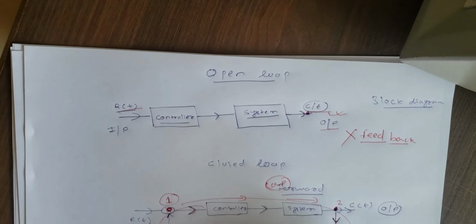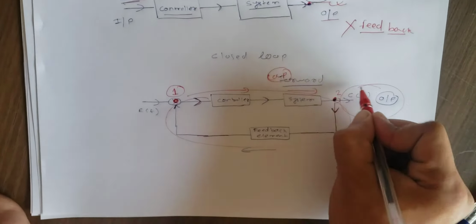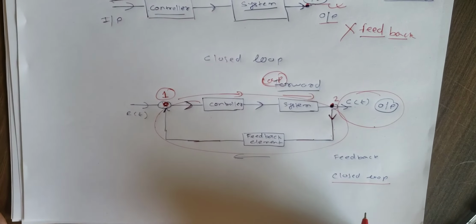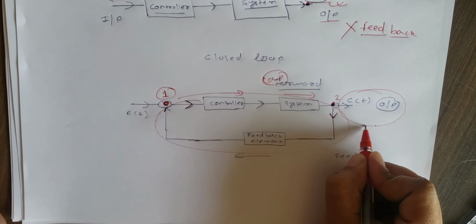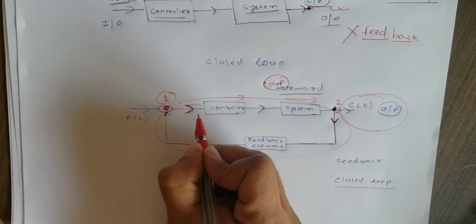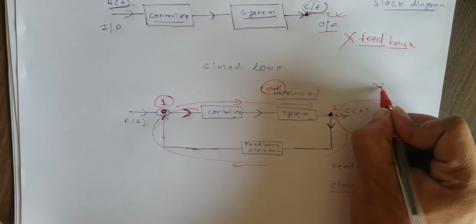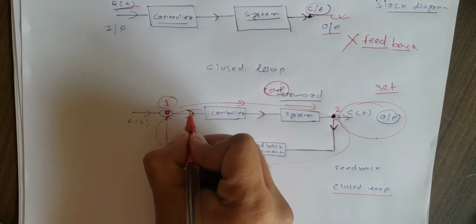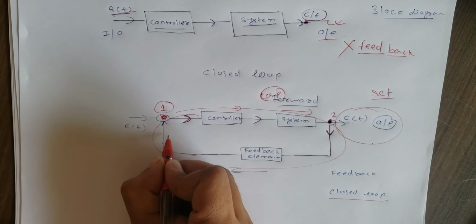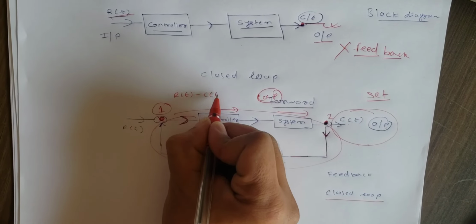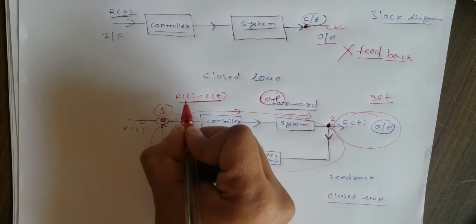But in a closed loop system, if the output changes with respect to certain disturbances, I will be explaining these terminologies, with respect to time, due to this feedback, auto correction of the output at a set value is possible. The input to the controller is the difference R(t) minus C(t), and this quantity is called the error signal.